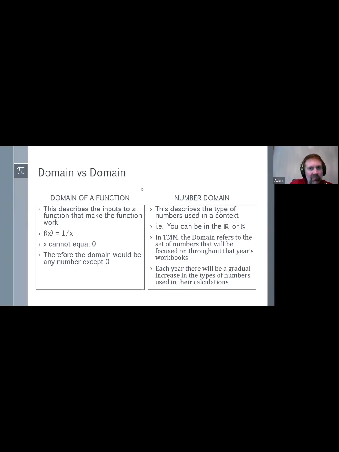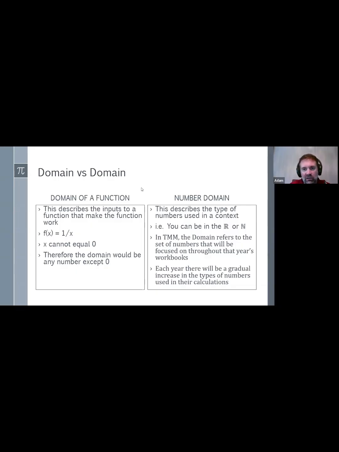You won't be calculating with complex numbers or anything like that. You might see them and maybe have to trace them. There's even a week devoted to complex. So you'll see complex in the workbooks, but what you'll really be focusing on are the natural numbers. So what is the category of numbers? What's the set of numbers that we are going to be using?